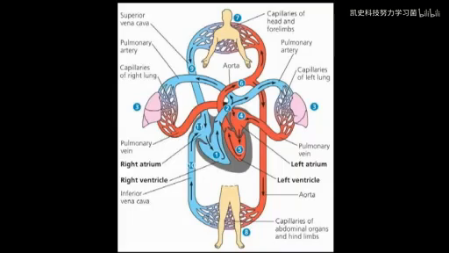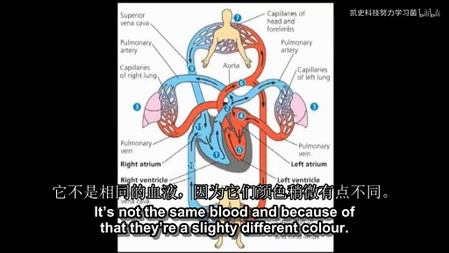The more energized blood for the upper body finishes and gets absorbed, and then it's available to be returned. As you go to the extremities, the blood vessels are smaller. The size of the blood cells is actually nano, a slightly different spherical form so that they can go through. It's not the same blood, and because of that they're a slightly different color.